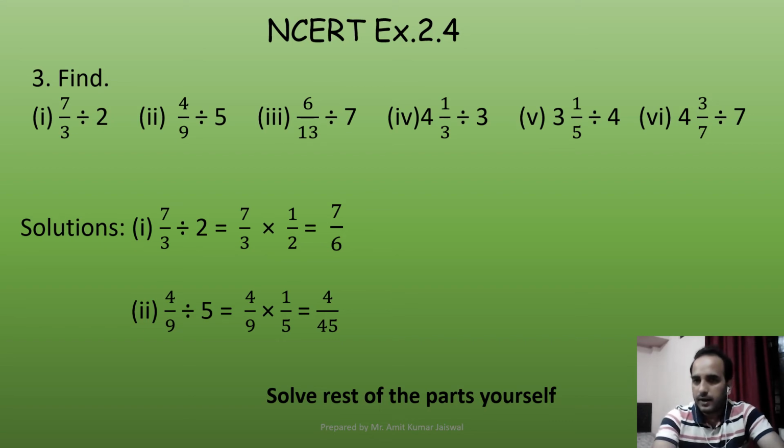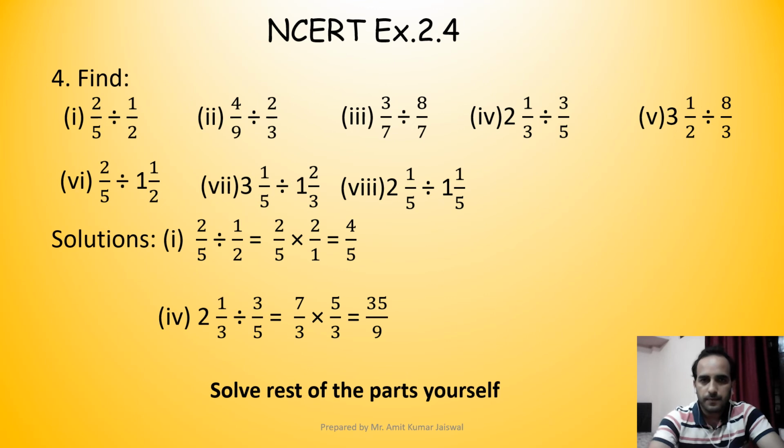And next we have question number 4, exercise 2.4. The first part we see here, both are fractions and one fraction is being divided by another fraction. The same concept we apply: conversion of the sign of division into multiplication and taking the reciprocal of the divisor, that is 1 upon 2, so it becomes 2 upon 1, and then multiplying them and converting the obtained product into its lowest form.